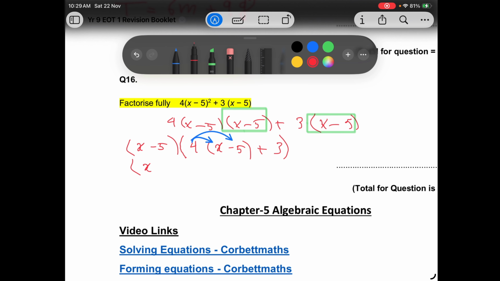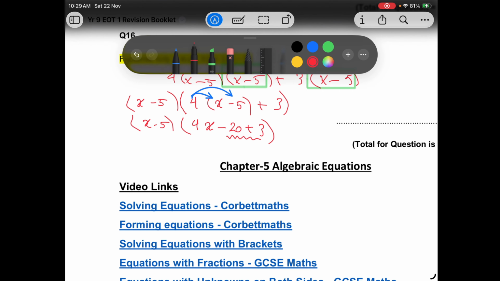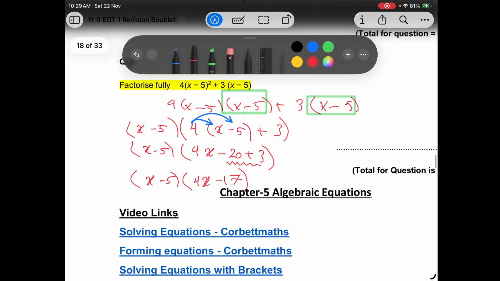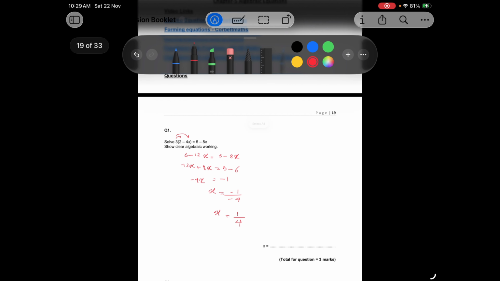So it will be 4x minus 20 plus 3. It's time to combine these two: minus 20 plus 3 is minus 17 indeed. So this is x minus 5 times 4x minus 17, and that's it. This is much easier than seeking factorization.